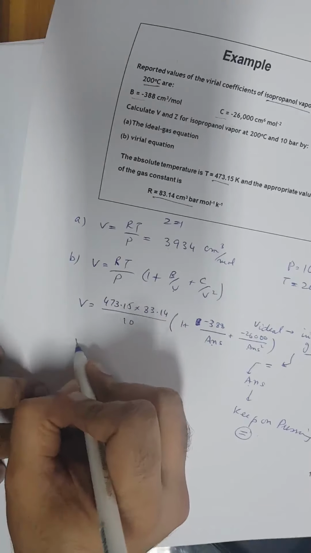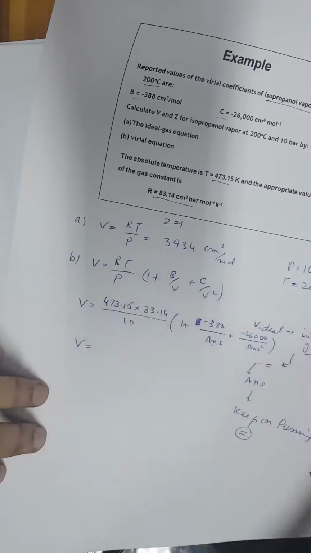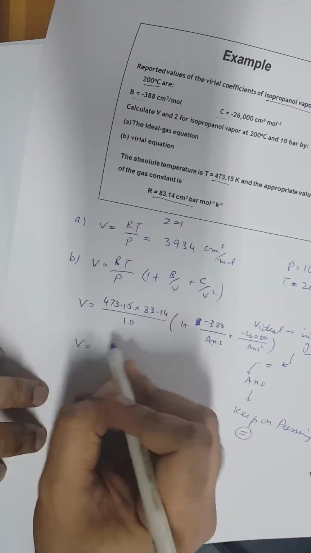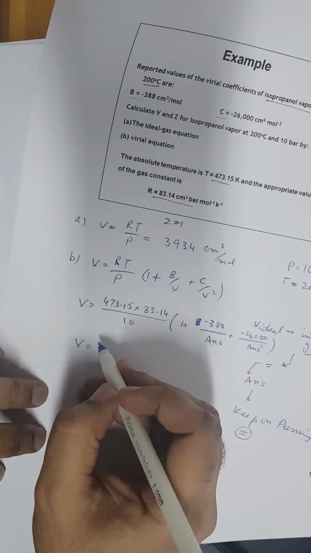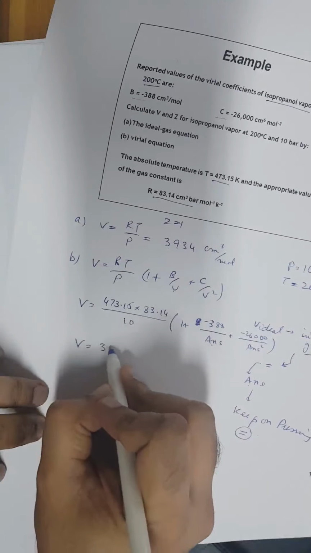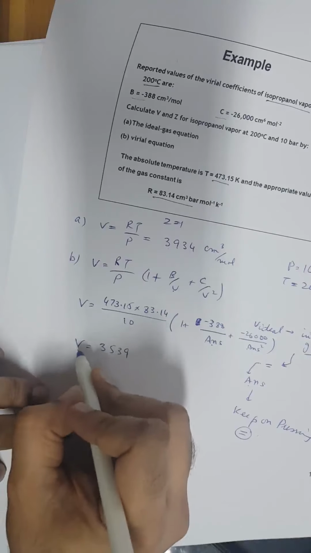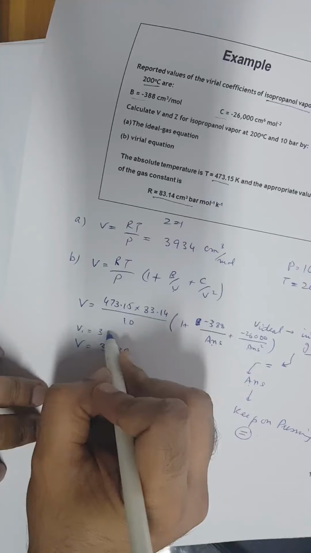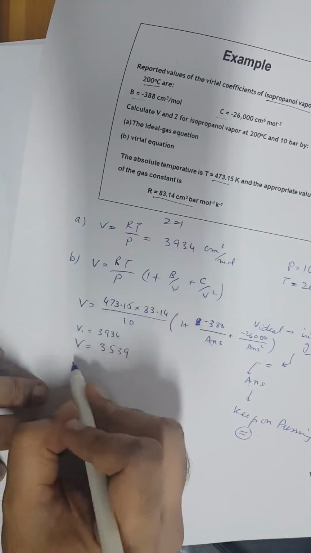So maybe the first value, if you calculate, comes out to be, of course, the ideal value: 3539. Maybe the first one comes out to be 3934, but this is the ideal value.